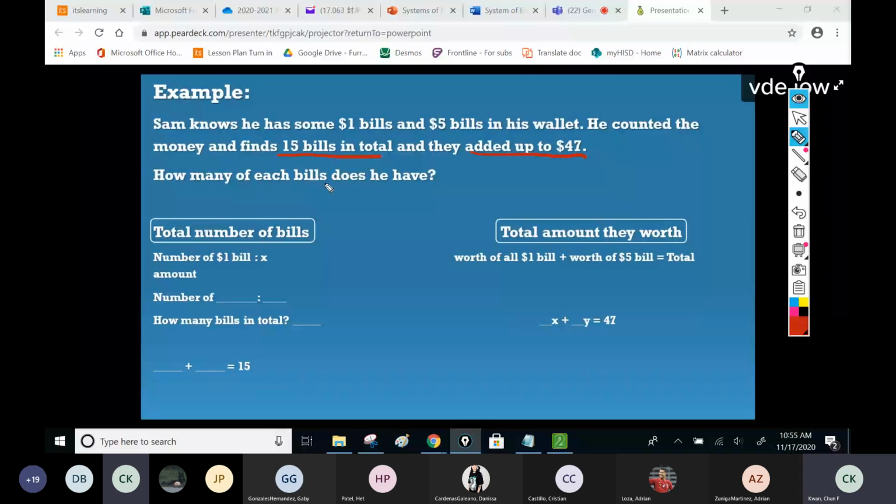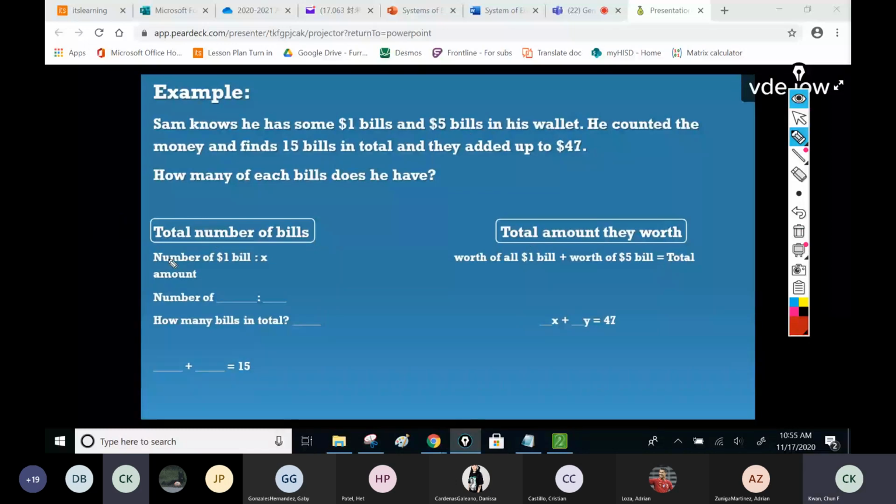So we have to set up the two equations. The first equation we have to set up is the total number of bills. We need to first look at how many bills he's got.